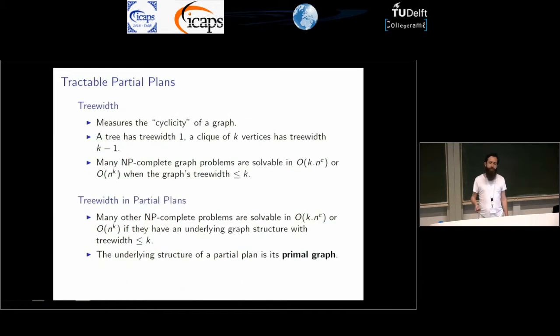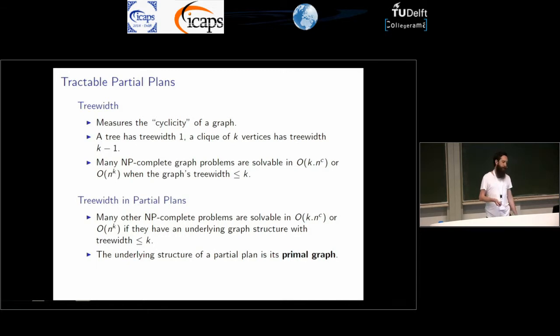So tree width, very roughly speaking, is a measure of a graph which defines how cyclic a graph is. So a tree, which has no cycles at all, has a tree width of 1. A clique of, say, k vertices, so that's a complete graph where every node is connected to every other node, has a tree width of k minus 1.